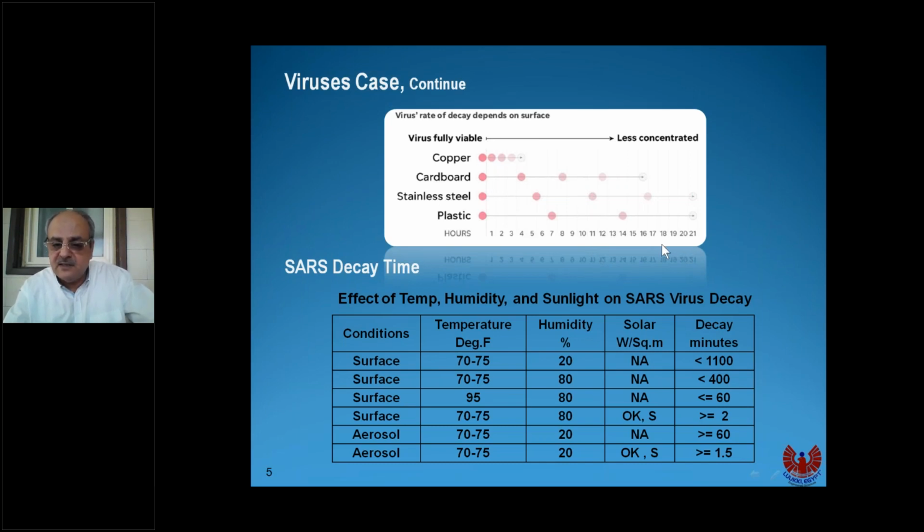For plastics, it could be from 20 to 21. This is very important to know, because besides the continuous cleaning and sterilizing of all the goods around us in the healthcare facilities, we need something that can scavenge or dry all these remaining viruses.